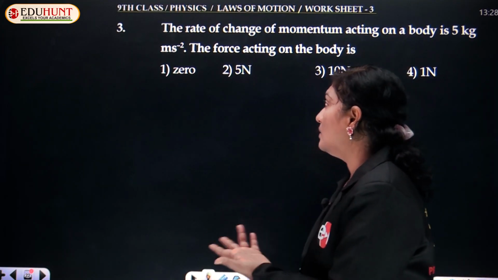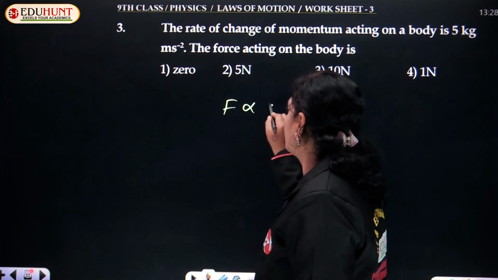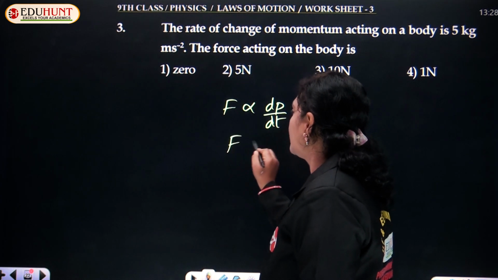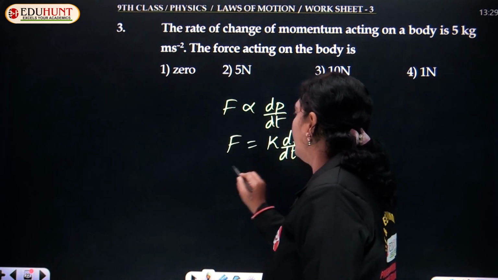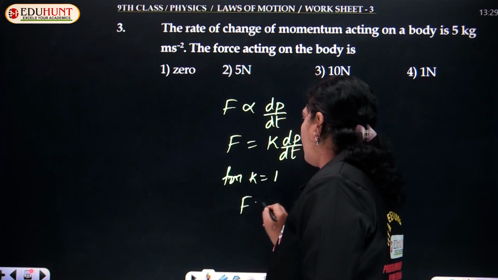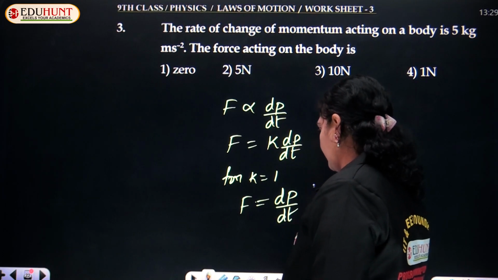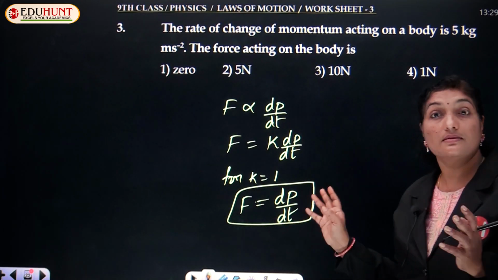That means F is proportional to dP by dt, or F is equal to K times dP by dt. For K equal to 1, F is equal to dP upon dt.